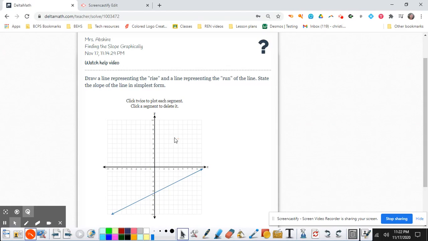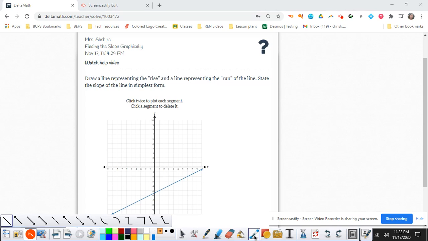Okay, so you guys are going to do Delta Math next, and you're going to be finding slope like I was just doing on the video. But when I was doing it on the video, I was able to use my smartboard tools, and I was able to make a picture for the slope that I could count.